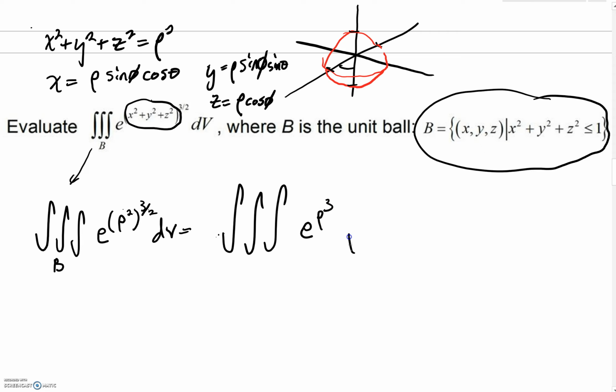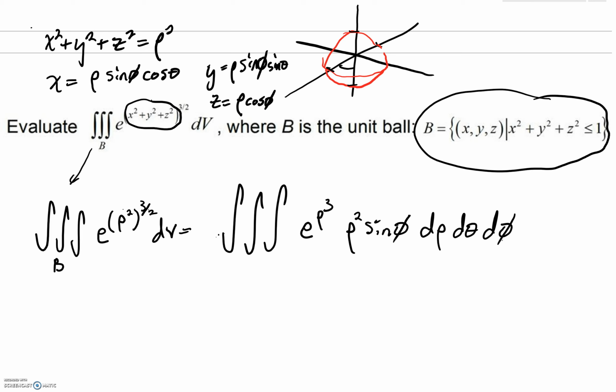But then what? If we decide to change this to spherical coordinates, well, we may certainly do that. Just like I said before, now we're going to change our differentials. We're going to have a rho squared sine of phi d rho d theta d phi.